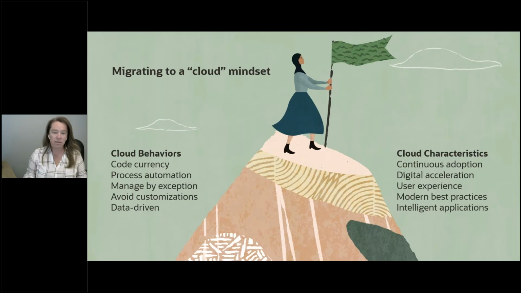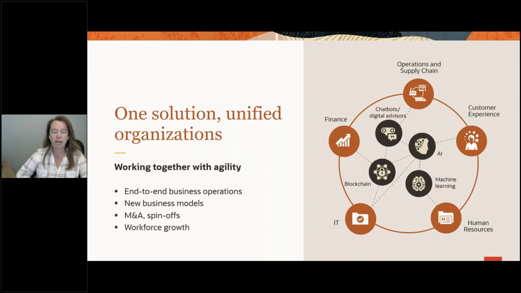And then, the other thing to expect from the cloud is a modern user experience, as well as modern best practices, so that you can avoid those costly customizations. And then also intelligent applications. So again, these are behaviors I would encourage you to start implementing, and different characteristics of a solution to be looking for and to take advantage of.